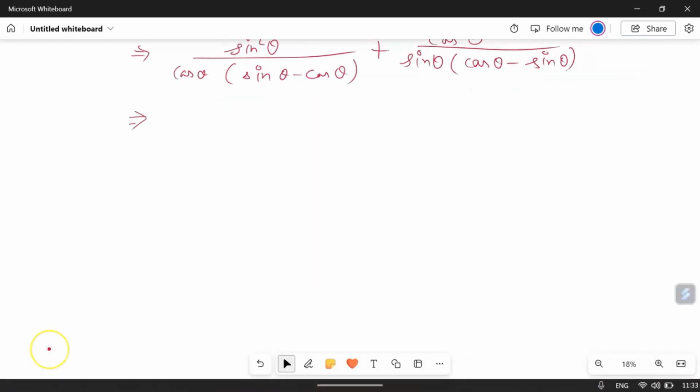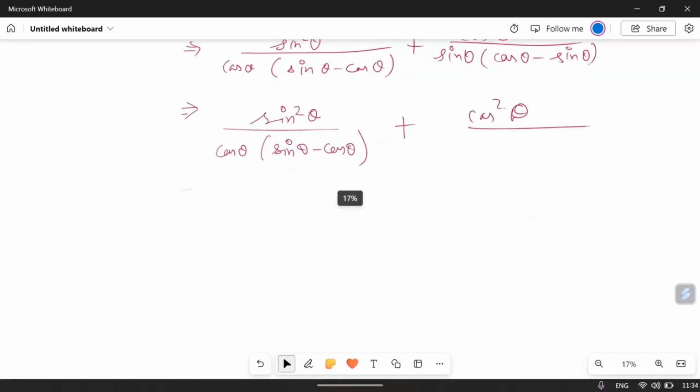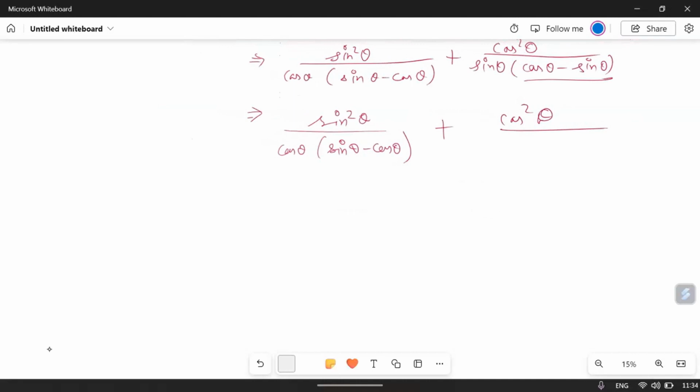So after taking out the common cos theta, sine theta minus cos theta, here I can write down cos square theta divided by, if I take out common minus 1 from this, it will become minus sine theta and sine theta minus cos theta.